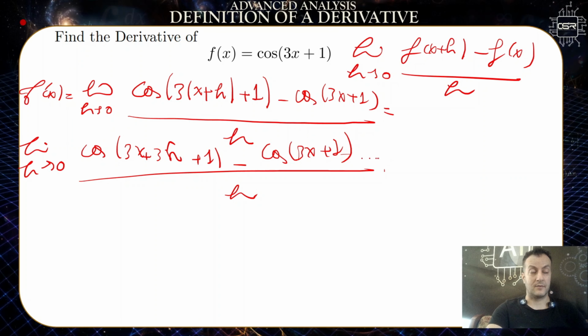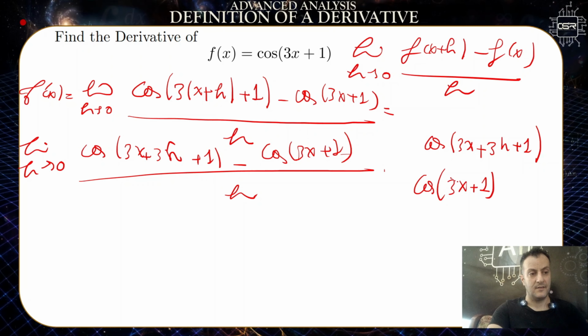We can separate the first one, the cosine of 3x plus 3h plus 1. Actually, we can make it cosine of 3x plus 1 plus 3h, where this part is a and this part is b, and solve it based on the trigonometric identities.